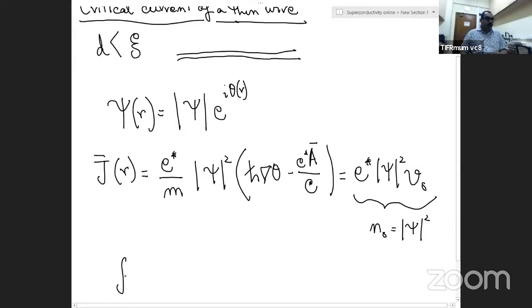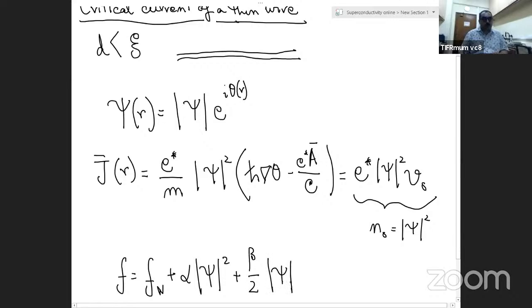So let the free energy density be the free energy of the normal state plus alpha psi mod square plus beta by 2 psi mod to the power 4, plus, now I have to introduce the kinetic energy because I have a current.